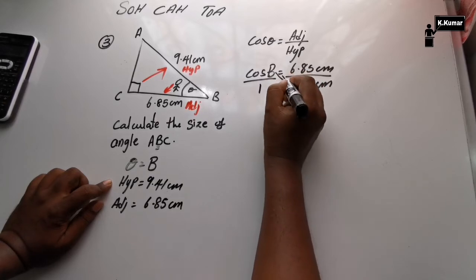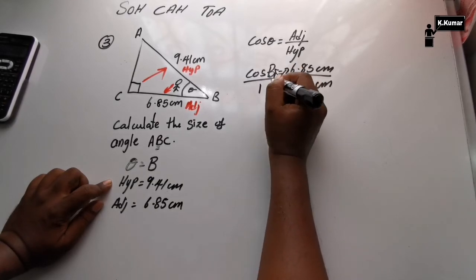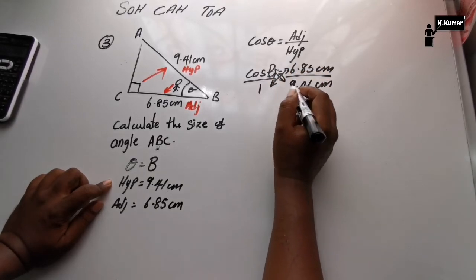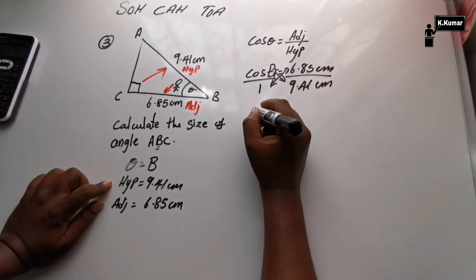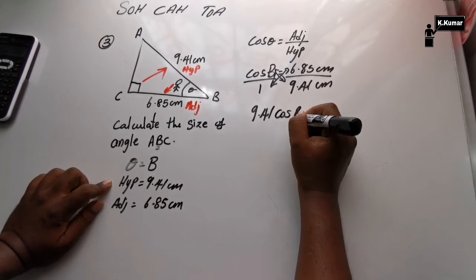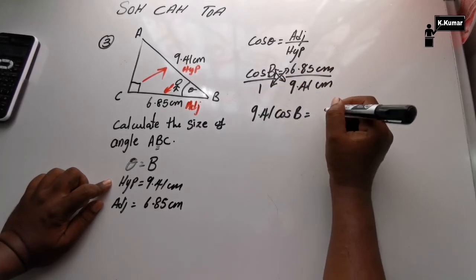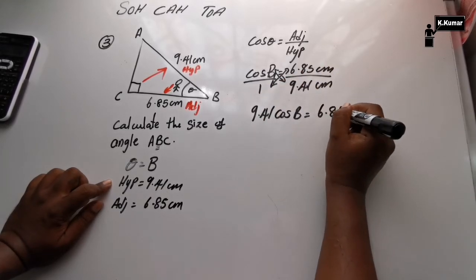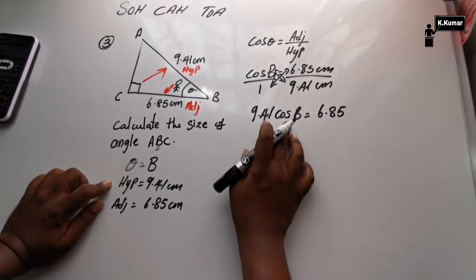We put this over 1 and then we cross multiply. That would be 9.41 times cos b. That would give me 9.41 cos b is equals to 1 times 6.85 is going to give me 6.85.